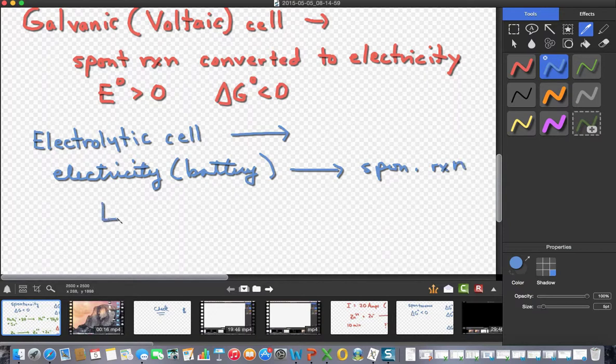For this process, the electrical potential is less than 0, while the delta G is greater than 0. The reaction isn't spontaneous because delta G is less than 0. It's spontaneous because I add another source of free energy, if you will, in the form of electricity.